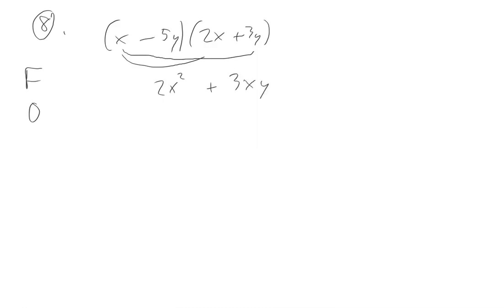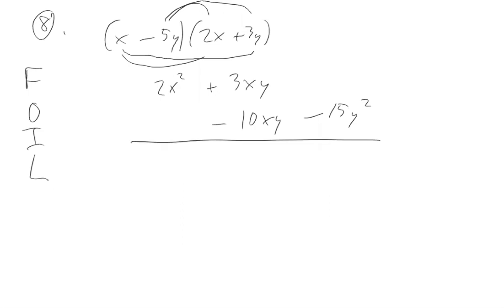Then inside, this one times this one, that would be negative 10 yx or xy, it doesn't matter. And then last, this one times this one would be negative 15 y squared. So add those up and you get 2x squared minus 7xy minus 15y squared. Done.